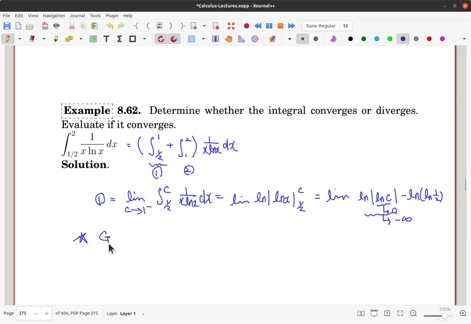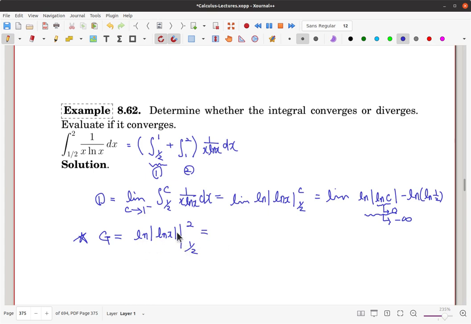From the given integral, if you try to get the antiderivative, that is the logarithm of the absolute value of logarithm of x, evaluated from half to 2.